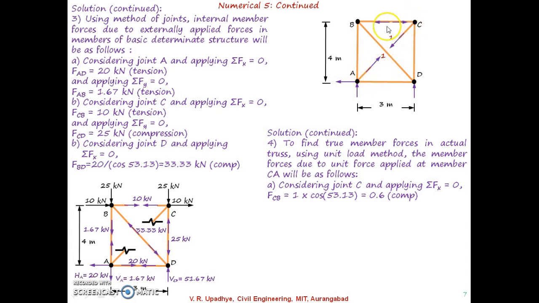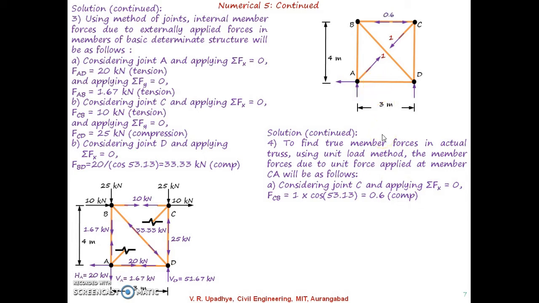So FCB is horizontal, and FCA cos 53.13, that total must be equal to 0. So FCB becomes 1 multiplied with cos 53.13, and that calculation gives us 0.6, and that is compression. So that is written in the diagram.